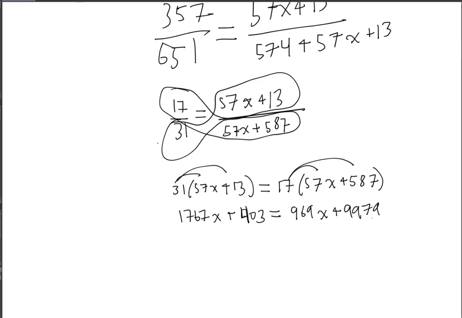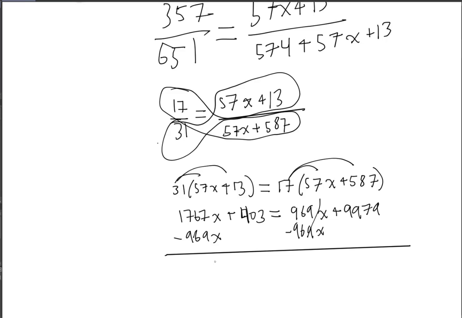9979, right? And now it's just a matter of what you normally do, right? You subtract 969x from both sides, right? And you do that and you get what? You get 1767 minus 969. 1767 minus 969 is equal to what? 798, right?